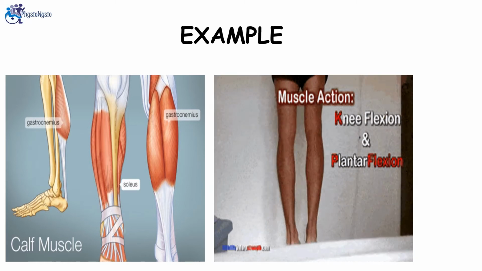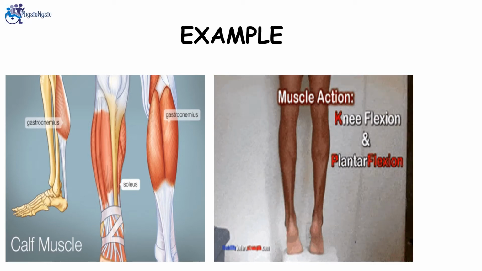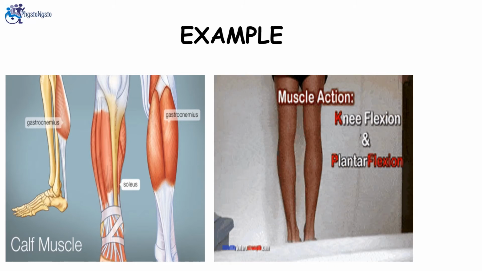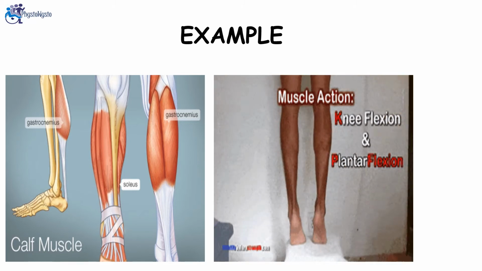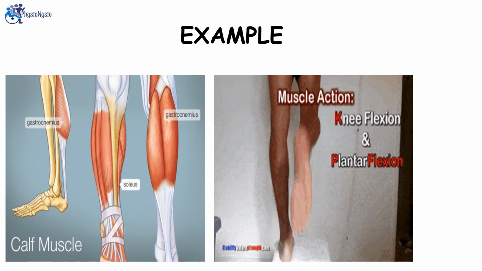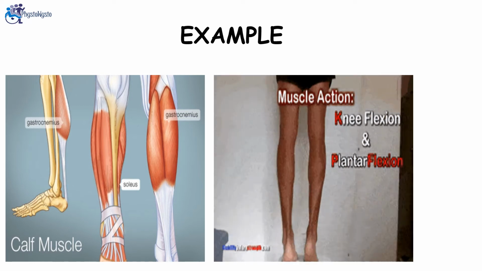Gastrocnemius and soleus muscles apply forces in the same direction and at the same point. Both muscles have a common tendon for a distal attachment. Imbalance of one muscle force can cause gait disturbance and pain.